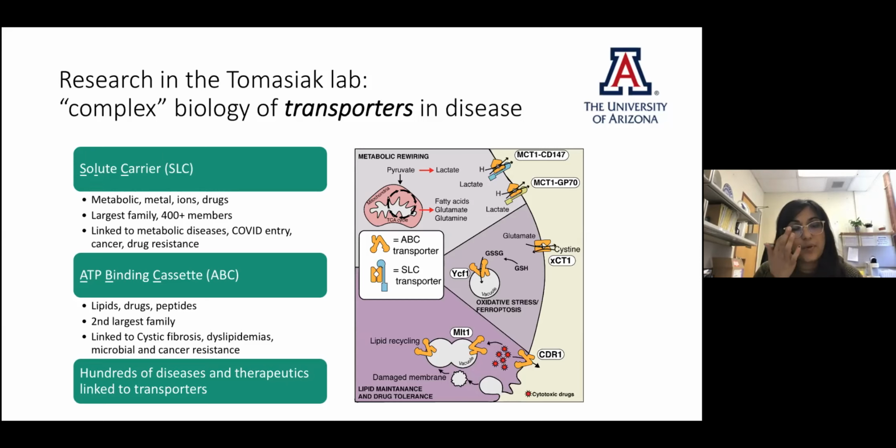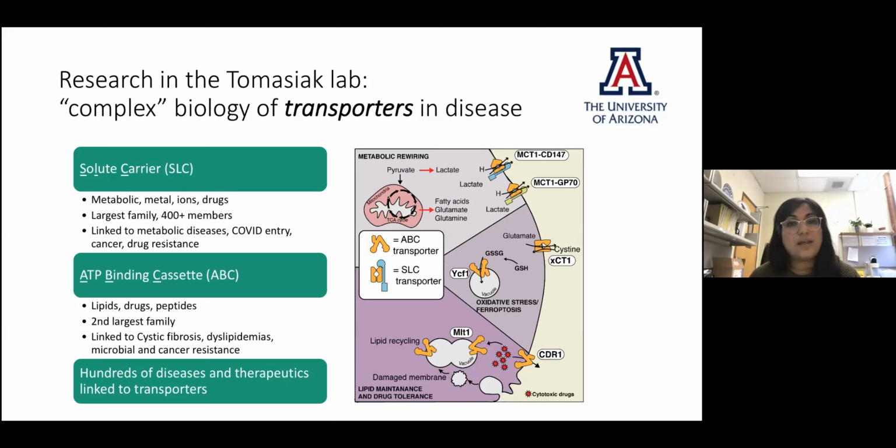You can see a summary of the main aspects of biological regulation that they contribute to. So we are interested in understanding how metals and metabolites contribute to metabolic rewiring in both cancer as well as certain types of infectious disease.